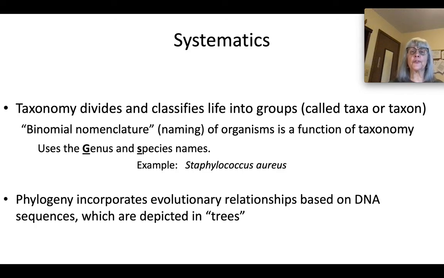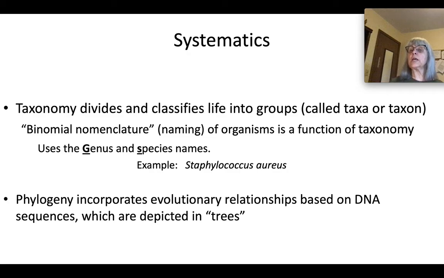Phylogeny, which is another system, incorporates evolutionary relationships among organisms, and it's based on their DNA sequencing. So in this case, the thing that is different in phylogeny from taxonomy is that we are depicting the relationship evolutionarily among organisms.